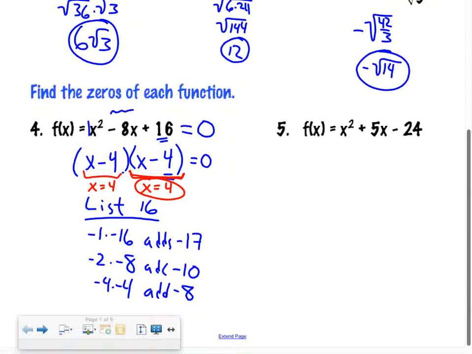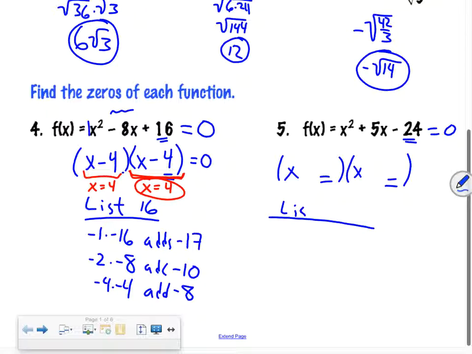Now let's take a look at this. If we're trying to find the zeros again, same steps. Set it equal to 0, set it up to be factored, and find factors that multiply to negative 24 that add to a positive 5. So let's go ahead and start listing things that multiply to negative 24.